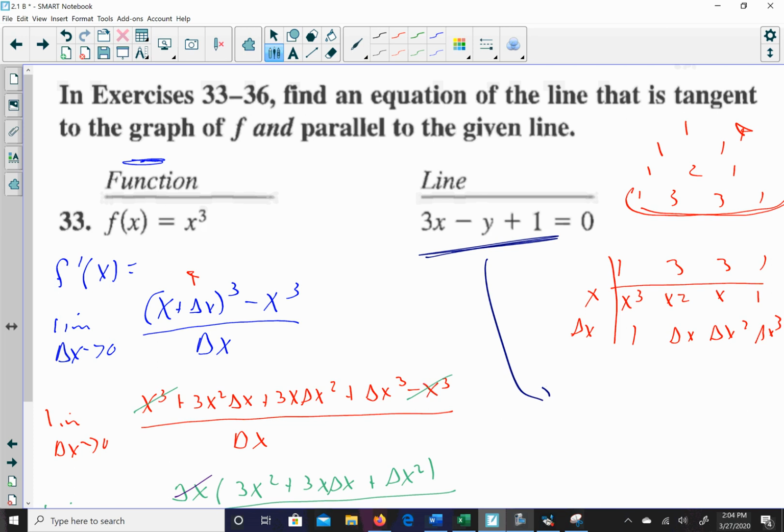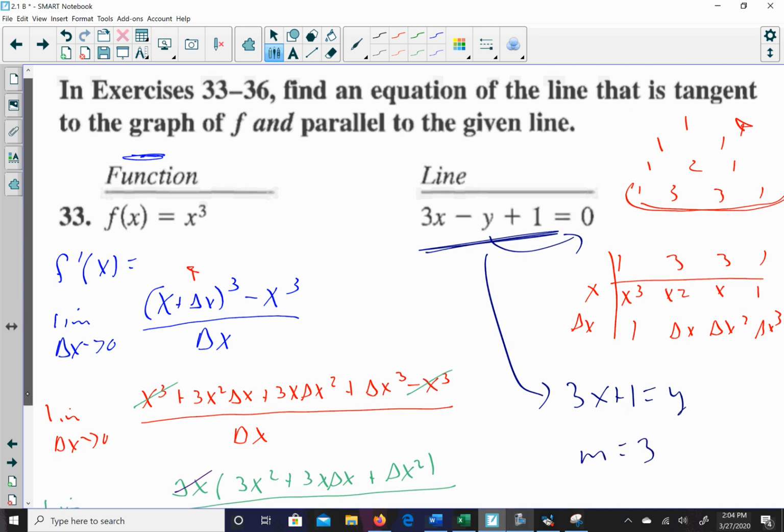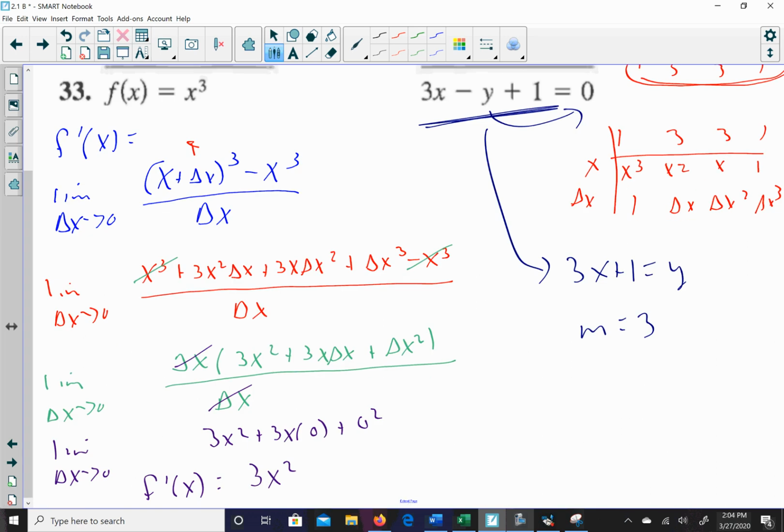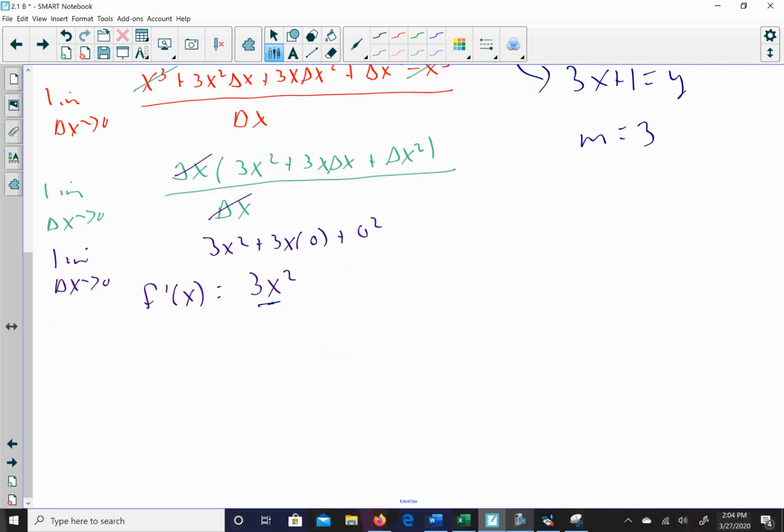So going down here to find this slope, I'm just going to take the y over to the other side and have 3x plus 1 is equal to y, which means the slope of this line is going to be 3. So if these two things are going to be parallel, that means I need to find the x value. When I substitute it in, this x value will give me a slope of 3. So I'm solving for x.